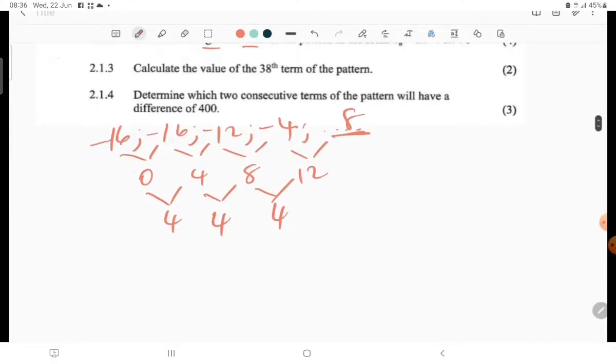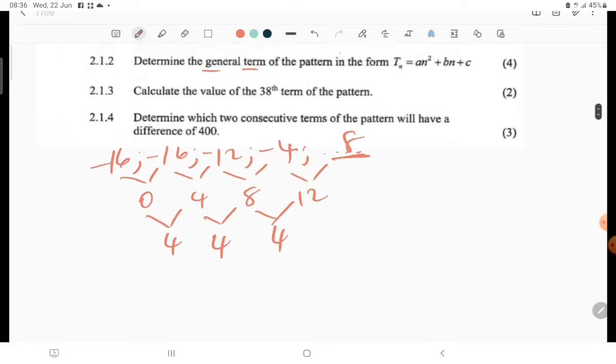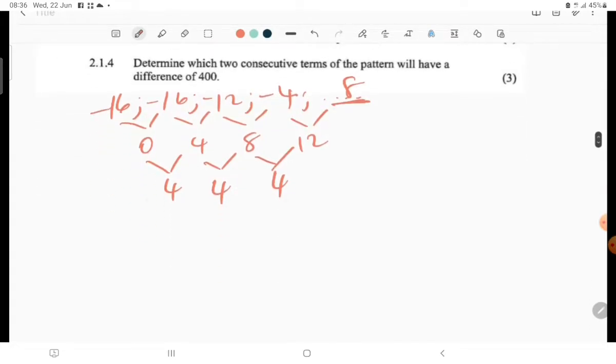You just need to remember that when you're looking for A, B, and C, the second difference is going to be equal to 2A, which is equal to 4, the second common difference. Then to find B, you take 3A plus B, which is equal to the first difference, T2 minus T1.